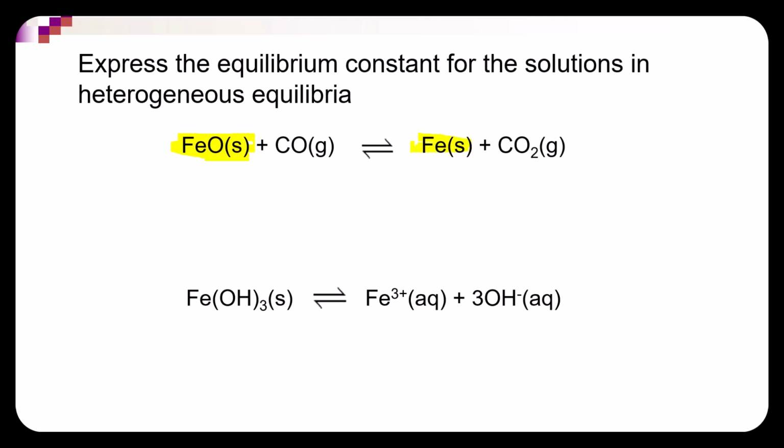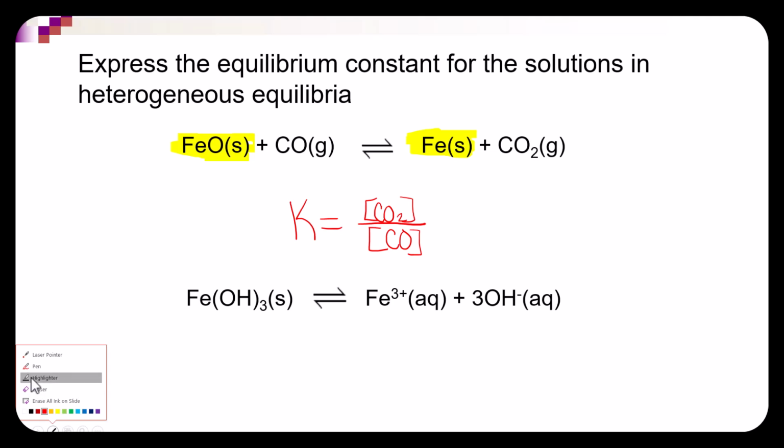That does not get included. We don't talk about the concentration of a piece of iron. That's kind of silly. So the K equation for this one would be just K equals the concentration of products over reactants. So carbon dioxide over the concentration of carbon monoxide. That's it.